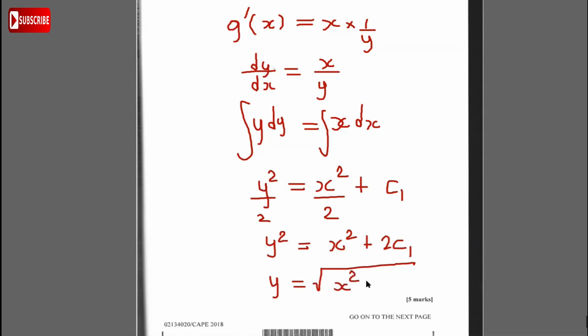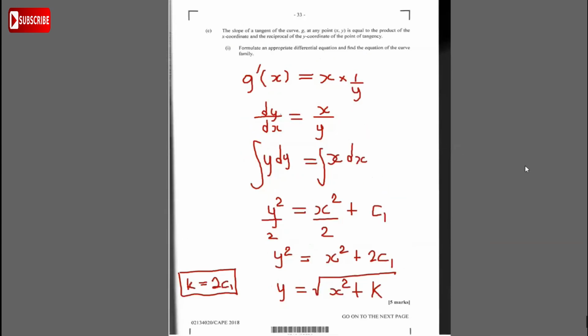And you're going to ask me, sir, where does that k come from? K is just another constant, where k is equal to 2c1. That's all I did. Substitute a constant k for 2c1. Nice, easy, soft.